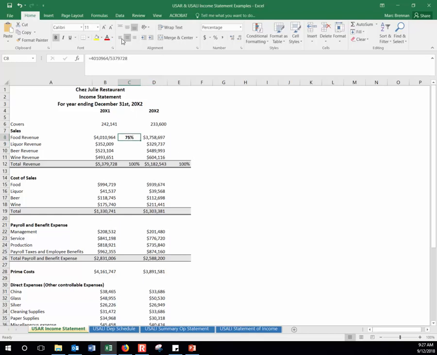Again, we're using Excel, so it automatically knows that I'm looking for a percent because I changed this to a percent. If using your calculator, you have to make sure that you then go times 100. Not in this case because we're using Excel. But you would divide our food revenue by our total revenue times 100 to get 75%.